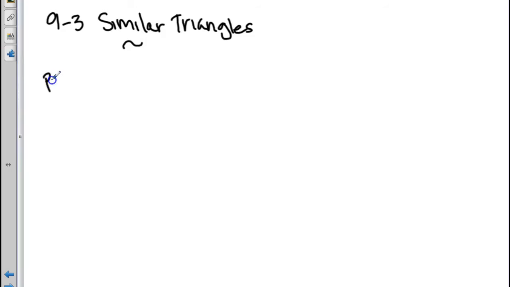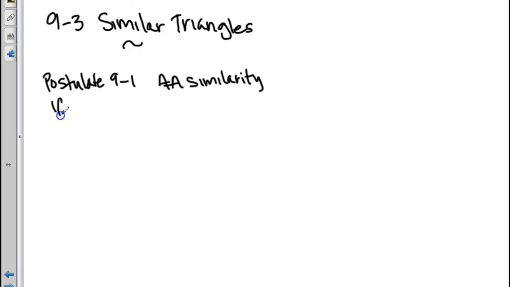So the first one is postulate 9.1, and this is angle-angle similarity. Angle-angle similarity says if two angles of one triangle are congruent to two corresponding angles of another triangle, then the triangles are similar.